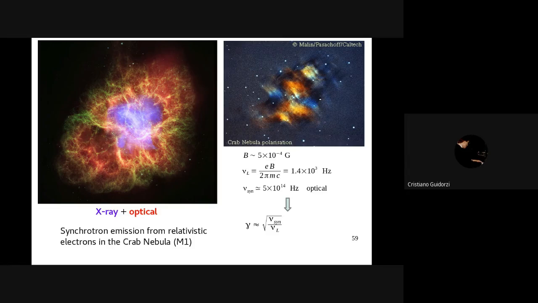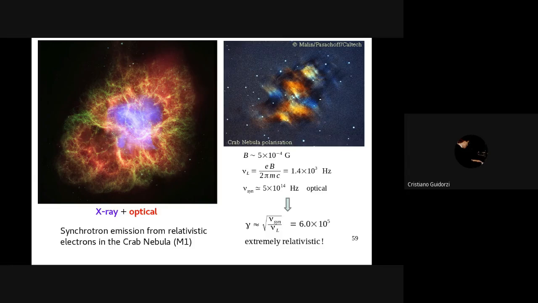So if you work out the ratio between these two frequencies, the square root of the ratio gives you an estimate of gamma. And it's immediate to see that you end up with a Lorentz factor close to 10^6.